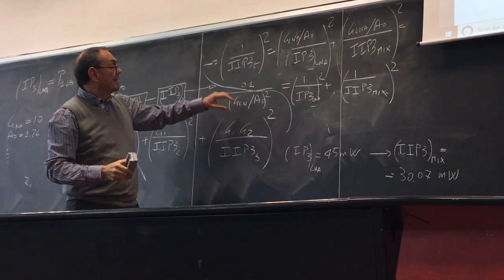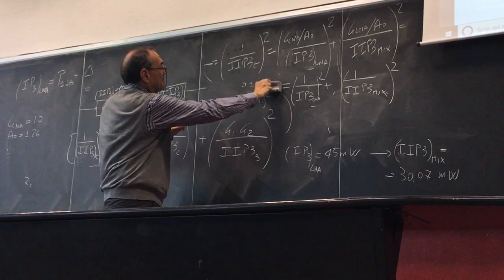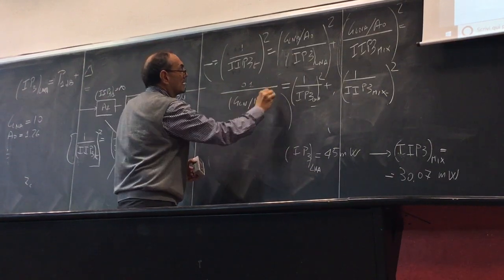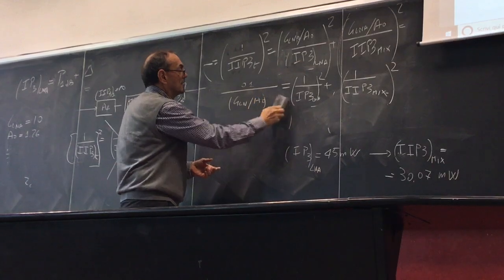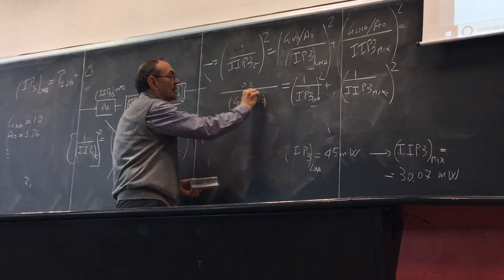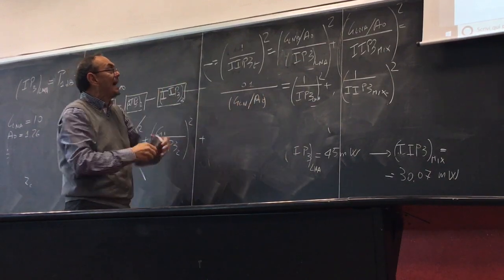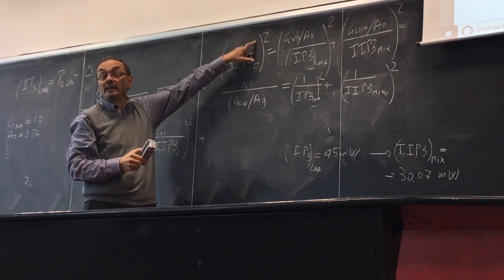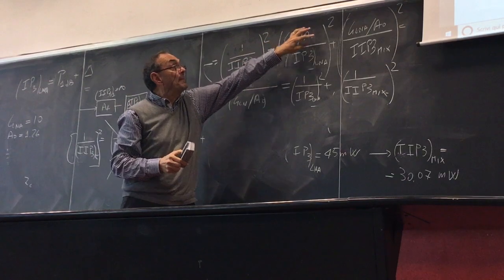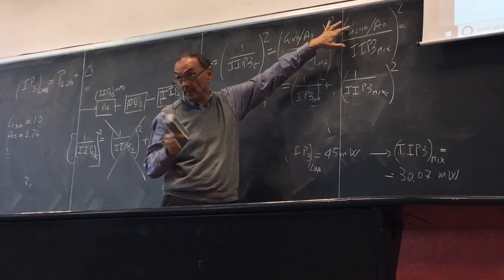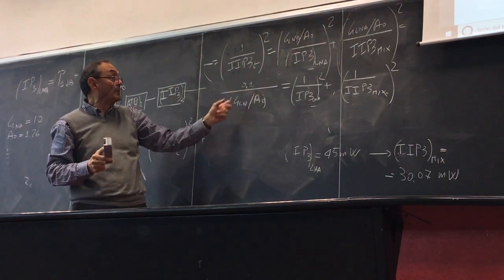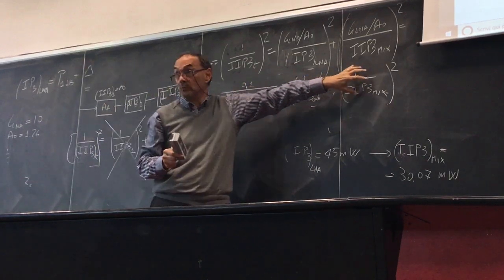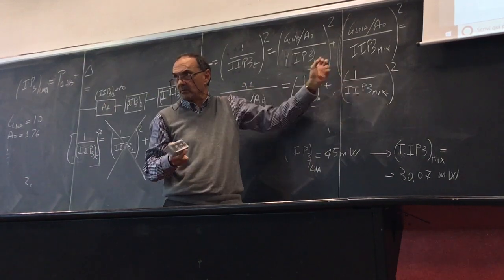Now, I write here better. Okay? 0.1 is 1 divided by IIP3 total squared. Then I take this term, which is the same for the two, and I divide 0.1 by this. And this must be equal to the sum of the two inverse squares.